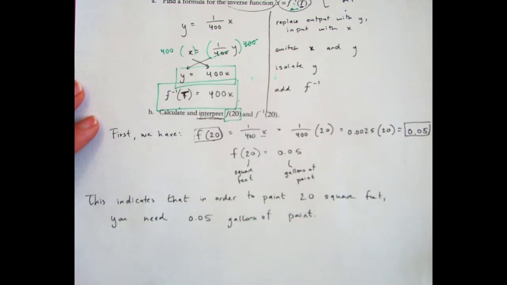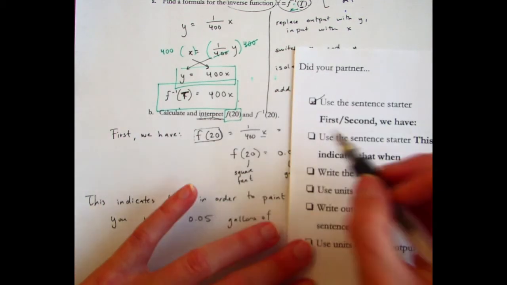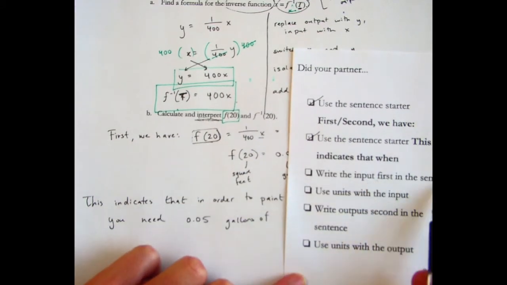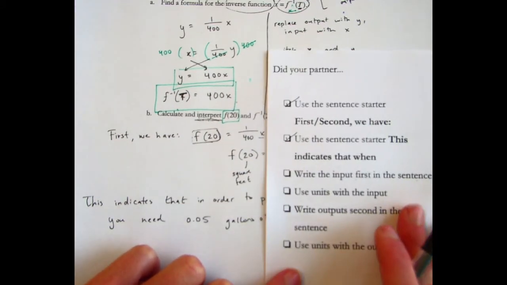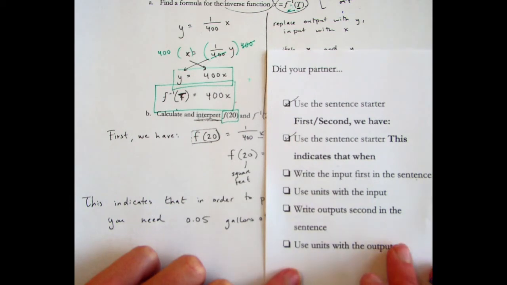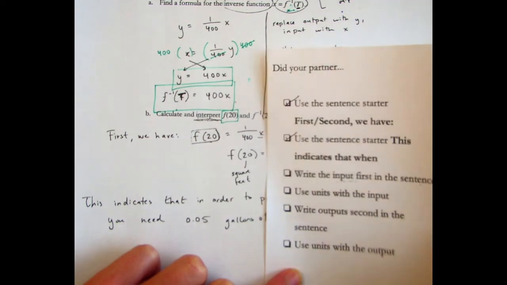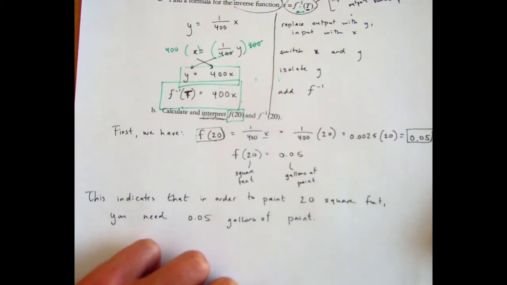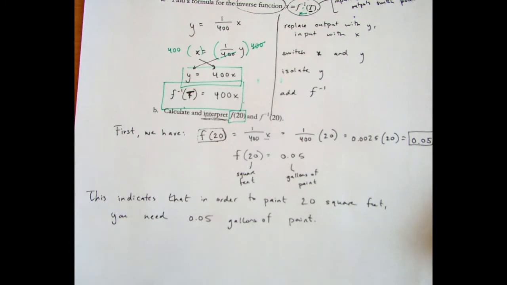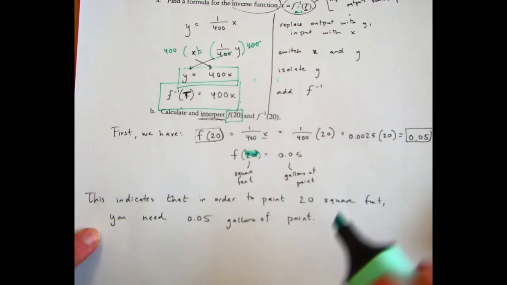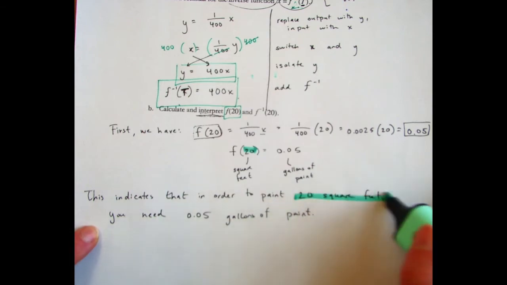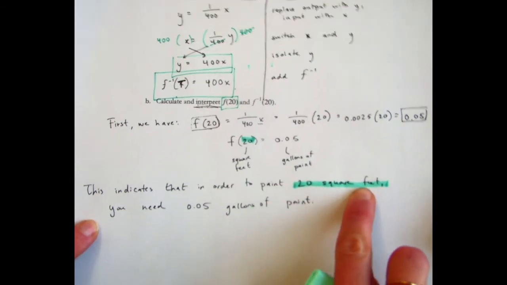All right, and let me make sure I use that. I want to make sure that the input is first in the sentence. It's just an important grammatical thing. So let's see, my input is 20 square feet, and it looks like 20 square feet comes first grammatically in the sentence, so I know I'm on a good track.